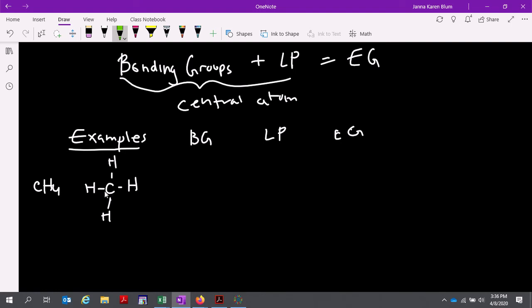We're looking only at the central atom. The number of bonding groups around this carbon here, we have 1, 2, 3, 4. So there are 4 bonding groups and 0 lone pairs. There's no lone pair sitting on that carbon. And so my total is the bonding groups plus the lone pairs, so my total here is 4.